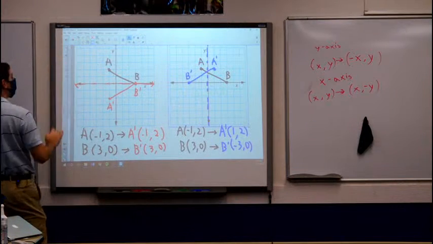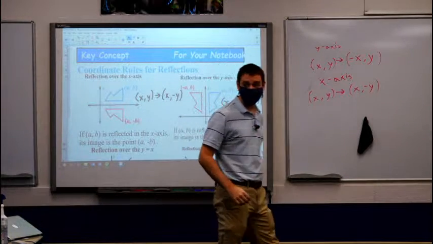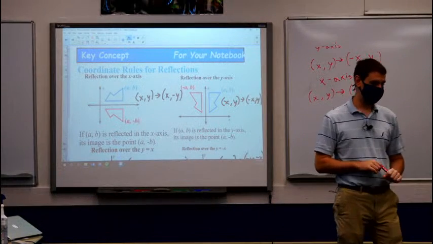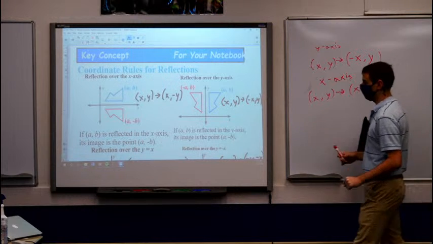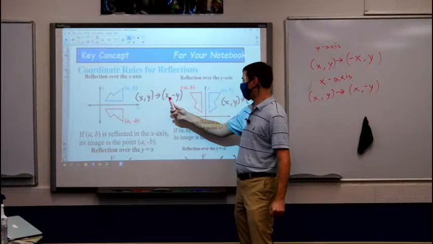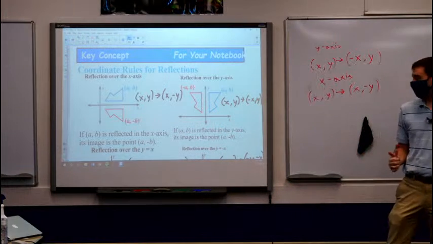And we're just going to focus on flipping over the x-axis and flipping over the y-axis. So xy moves to x negative y for the x-axis. Xy moves to negative x y for the y-axis.